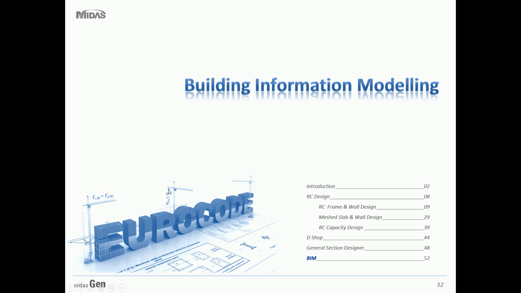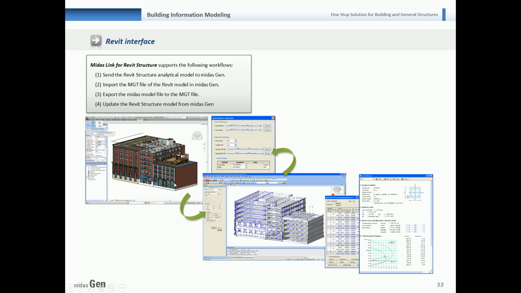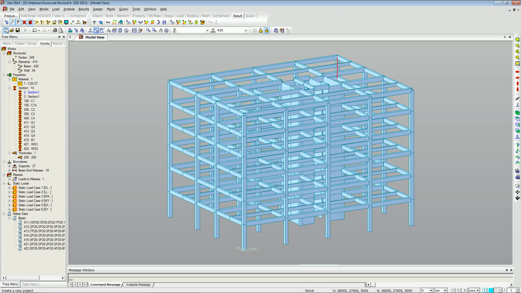Now let's see about the BIM capabilities of Midas Gen. The program is capable of import and export of information from Revit Structures. Let's see how we can import and export information from Revit.